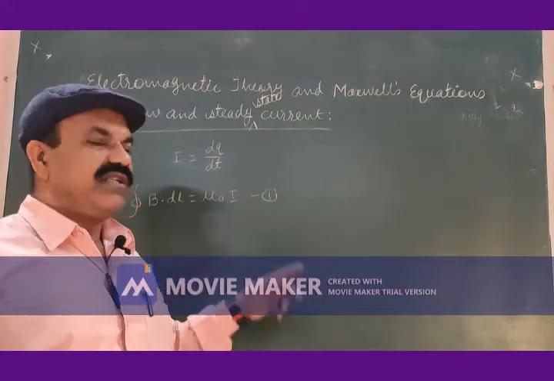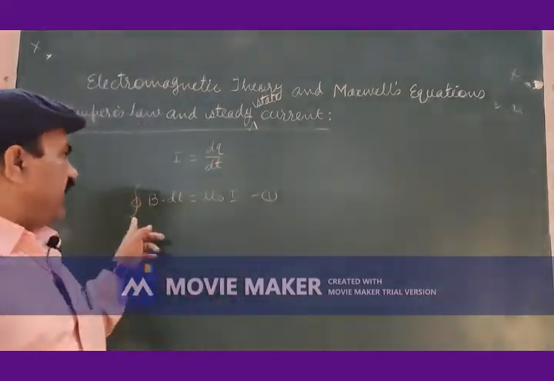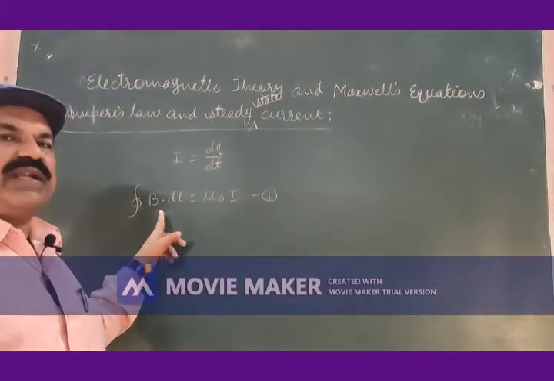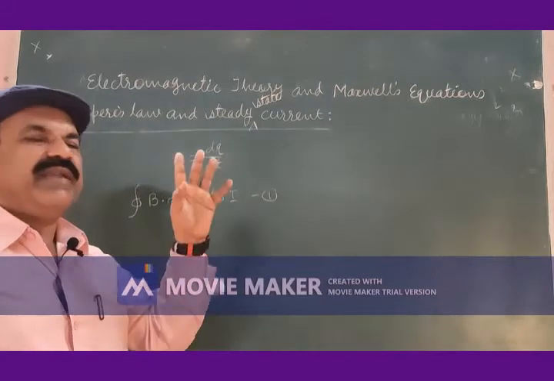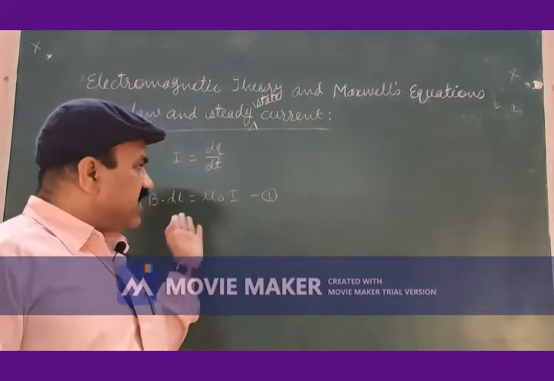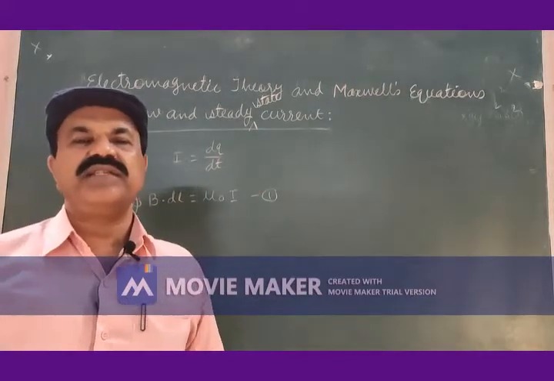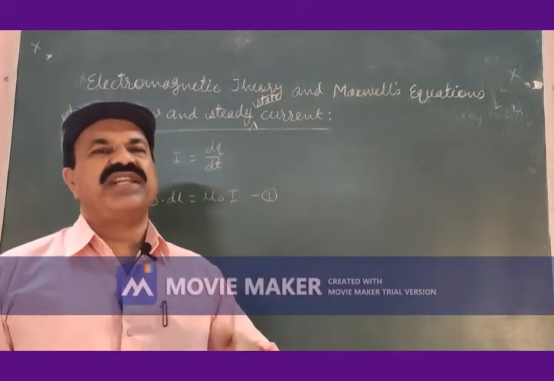How should this current be? This current should be enclosed by the closed path. Then only will this line integration of B dot dl around a closed path be equal to mu 0 into I. This law is known as Ampere's law or Ampere's circuital law.